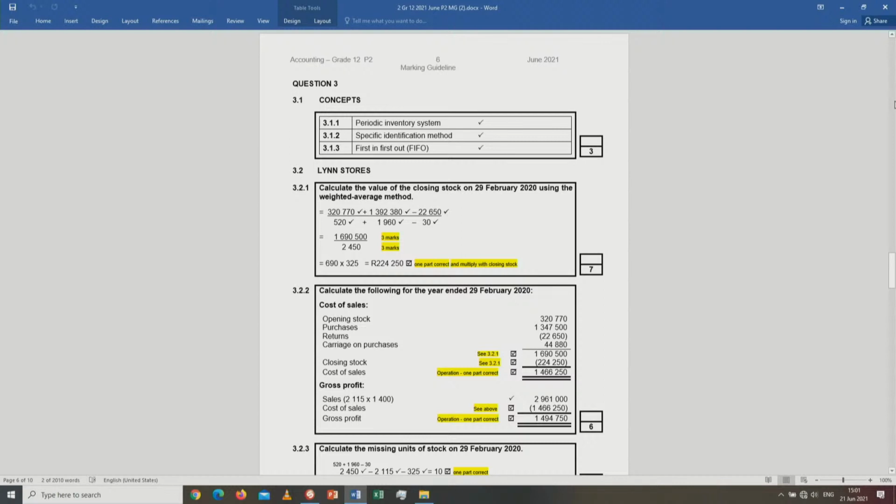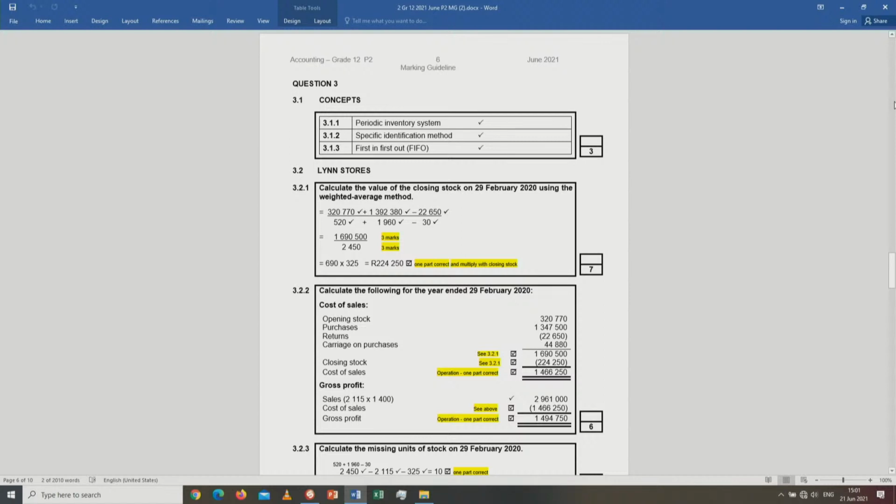If the learner just gave you 1,690,500, you may give him 3 marks. If he just gives you 2,450, you may give him 3 marks. This is an ideal situation where if you have the final answer, you may award all 7 marks already, right?